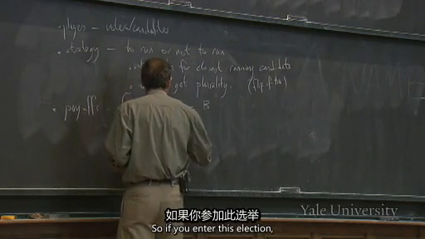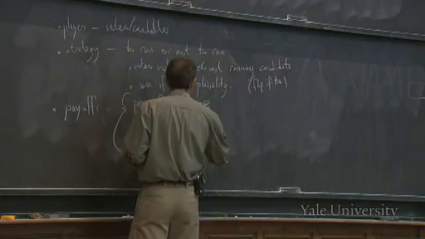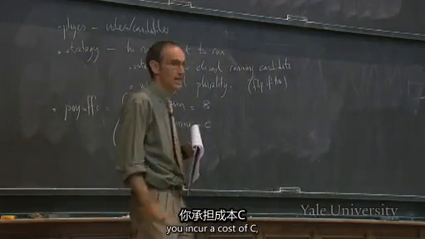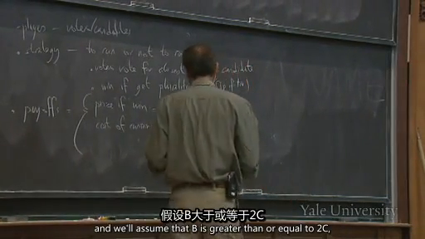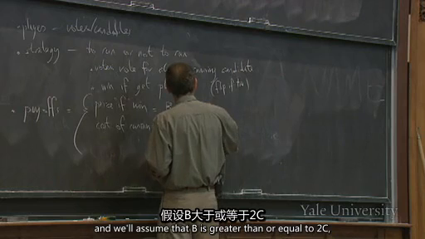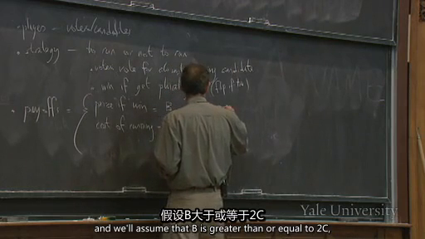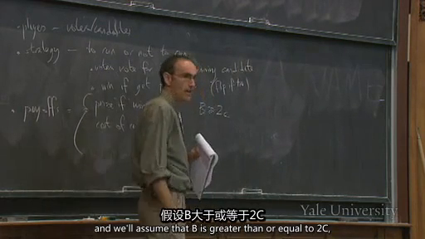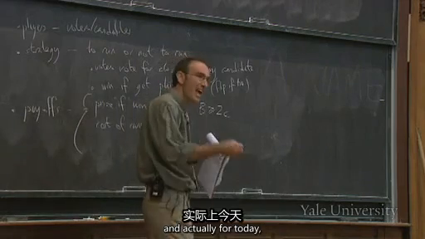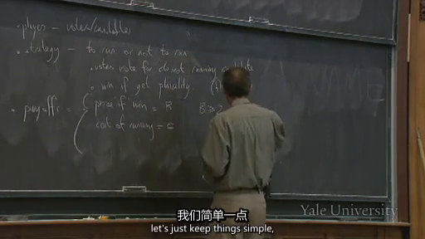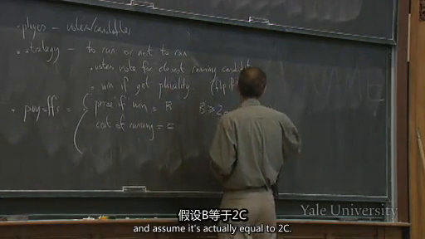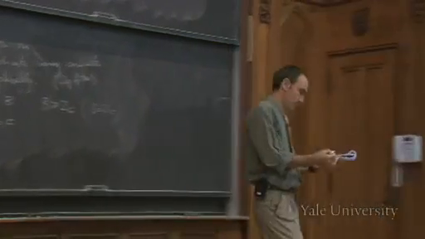So if you enter this election, win or not, you incur a cost of C. And we'll assume that B is greater than or equal to 2C. And actually for today, let's just keep things simple and assume it's equal to 2C.